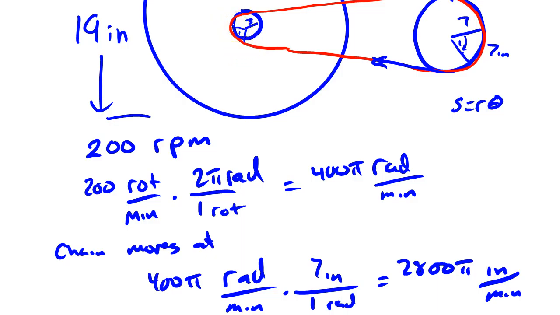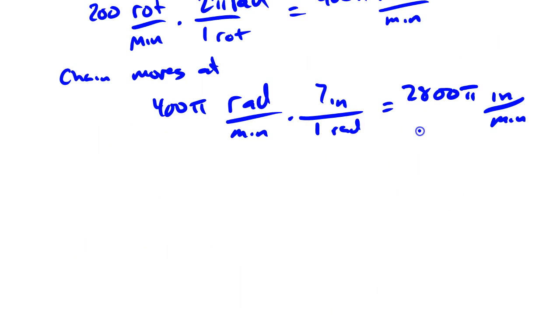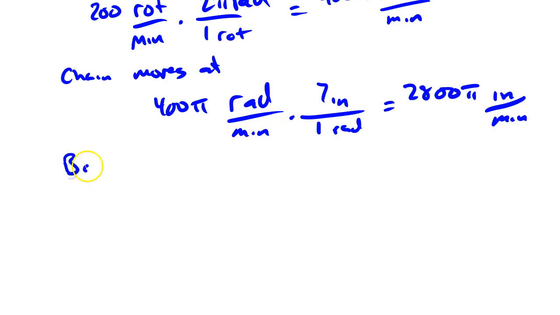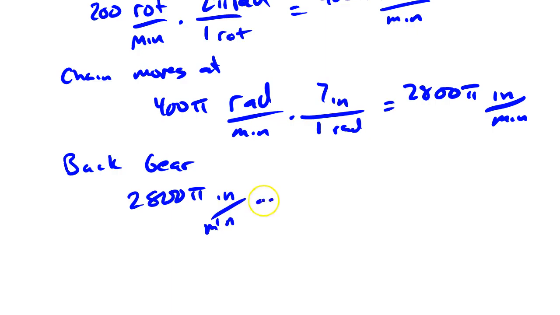So the back sprocket now has 2,800 pi inches per minute of chain coming through, and I multiply that by each radian being worth 3 inches of turn, because the radius, remember, was 3 now.